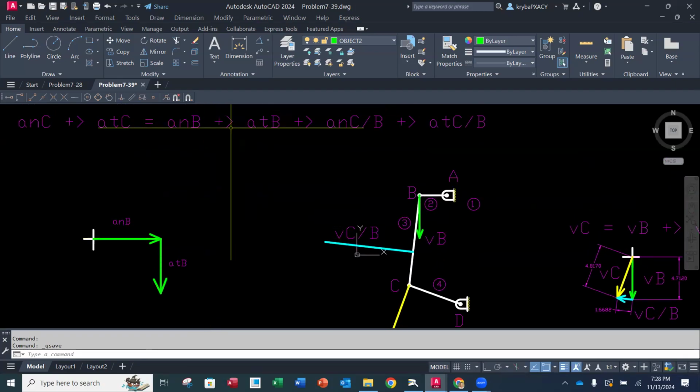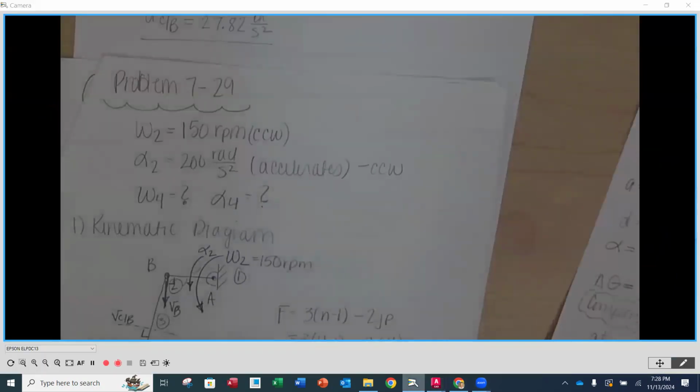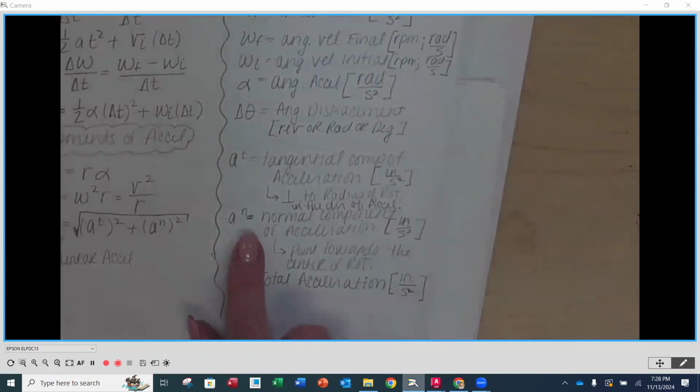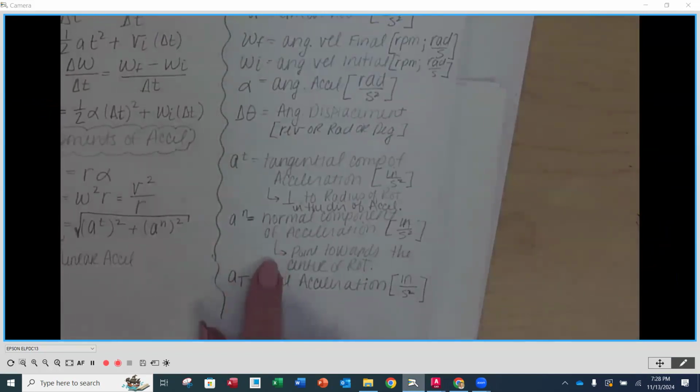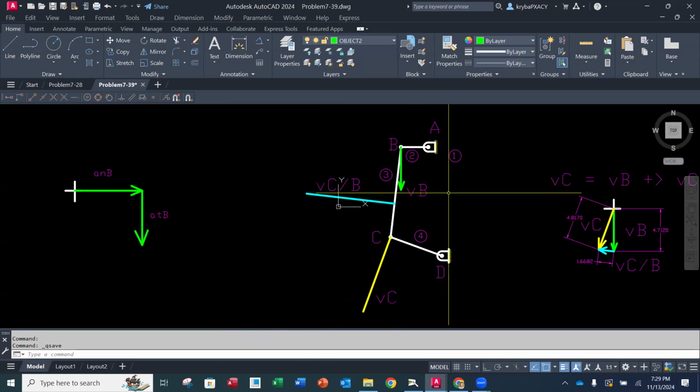All right. So now we're going to go to the normal of C relative to B. So C relative to B is link number 3. As we look underneath at our equation sheet, our normal is always going to be pointing back to its center of rotation. Now, on a relative link, we are going to go from the unknown, which is the velocity of C, to B. So we're going to point to B. We're going to start our tail at C and we're going to point at B. So if we go here, it's C relative to B. So it's along that line.